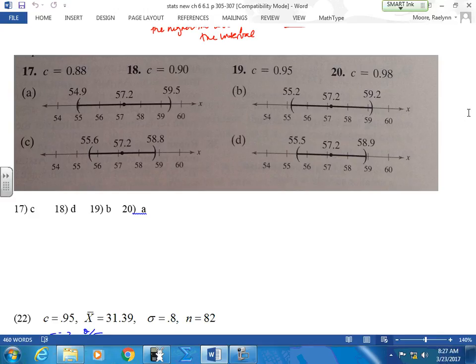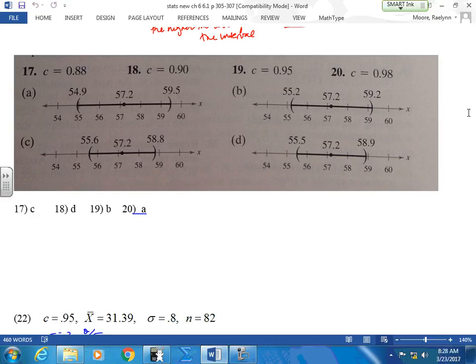So my biggest interval is probably, if you want to put them all on one, it might even help you. So C is your, 19 is this. Which one has the largest interval? Probably this guy, right?